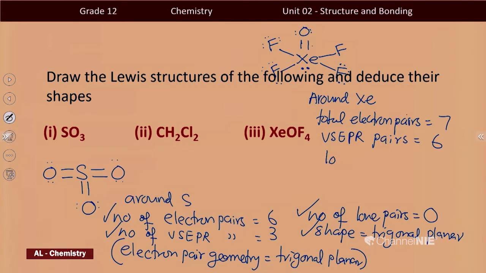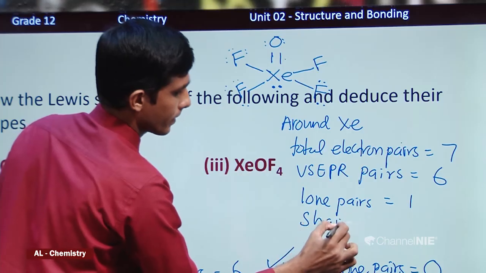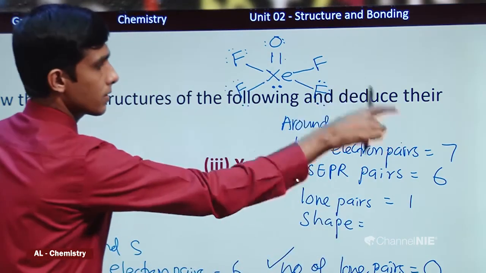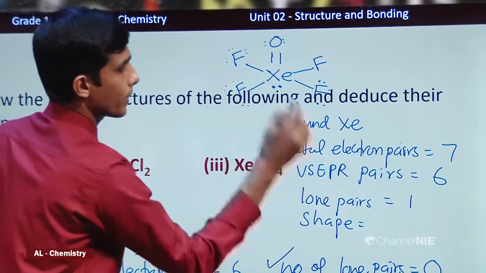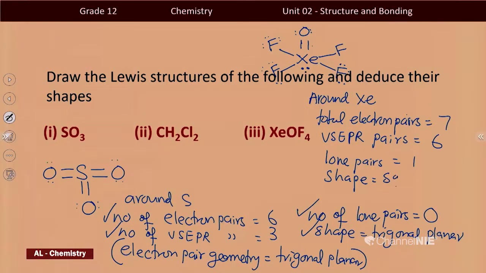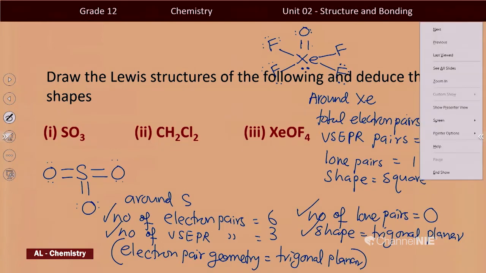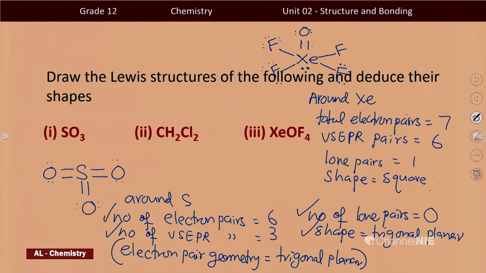What is the electron pair geometry? Electron pair geometry is octahedral. Lone pairs: 1. So, the shape: out of 6 VSEPR pairs, 1 is a lone pair, that means square pyramidal.